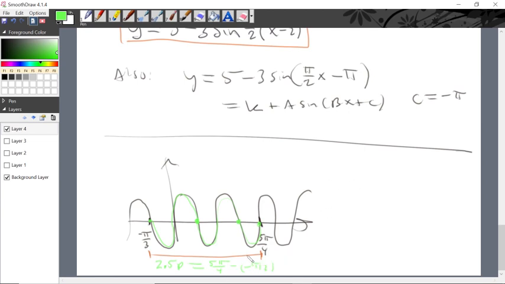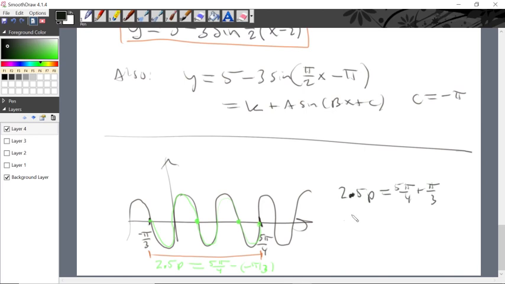So we can solve for the period by solving this little linear equation. We have 2.5 times p is equal to 5 pi over 4 plus pi over 3.